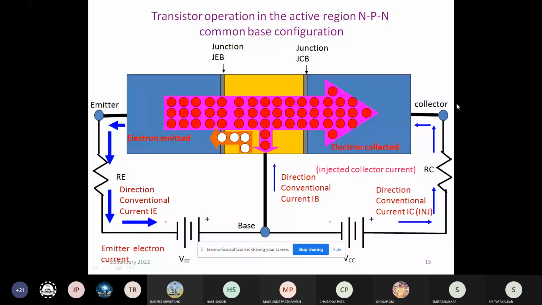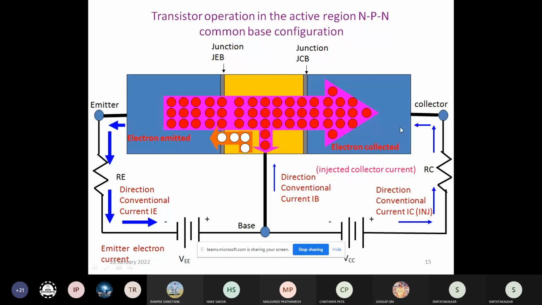The emitter to base junction is given input forward bias, and the base to collector junction is given output reverse bias. Here the emitter terminal is the input, the base terminal is the common terminal, and the collector terminal collects all the electrons.